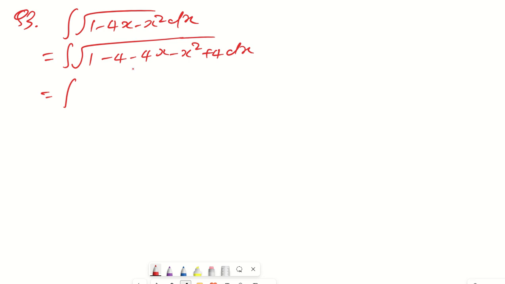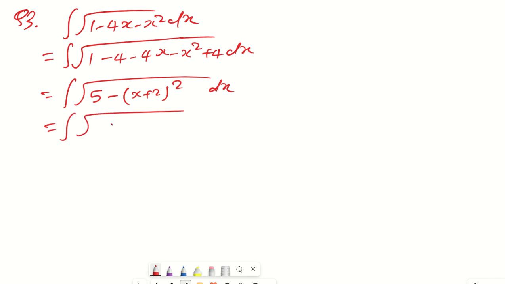So let us write it down as square root of 5 minus x plus 2 whole square dx. Okay. So 5 can now be written as root 5 whole square. So it will become the integral of square root of root 5 whole square minus, let us now put here, then we will see that.